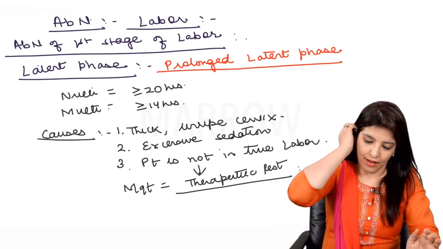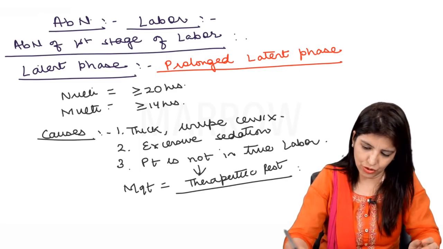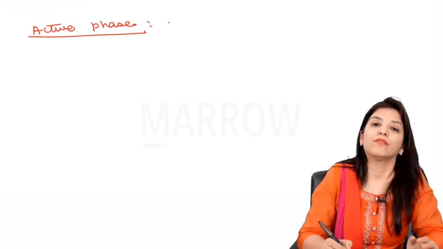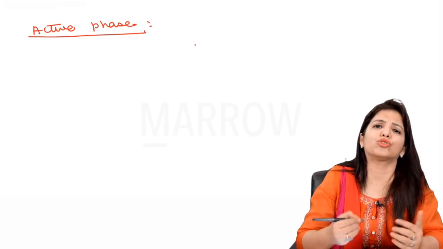Clear? Now, this is abnormality of the latent phase. Let's talk about active phase. In active phase, there can be two problems. One problem could be that the active phase could go slow.